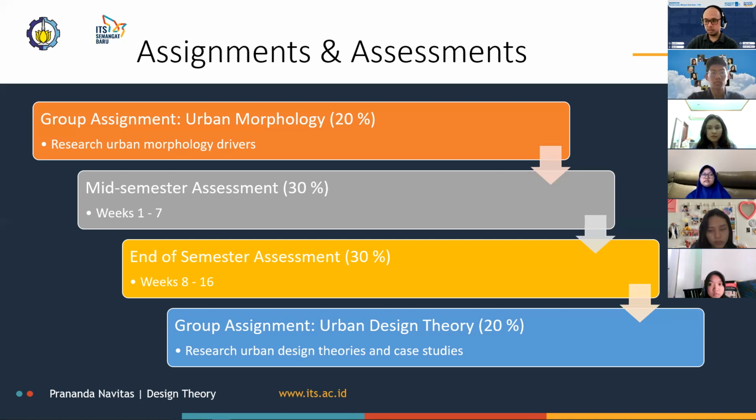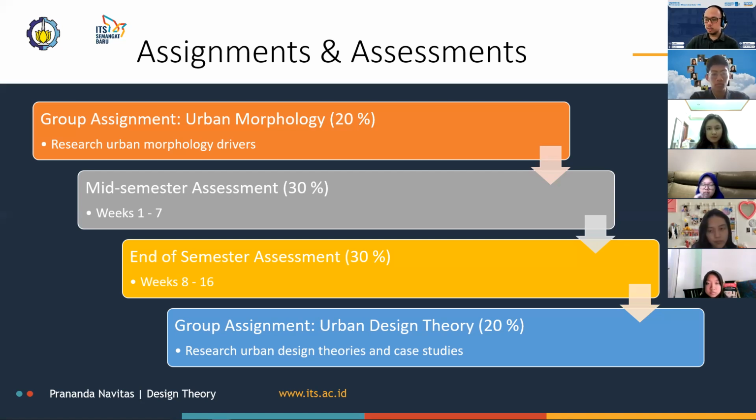And then you will have mid-semester and end-of-semester assessments. Mid-semester assessments, which I will administer, will be an online quiz through my ITS classroom. But if any of you seem to have difficulties in accessing my ITS classroom, then we can agree upon other forms of online quiz.